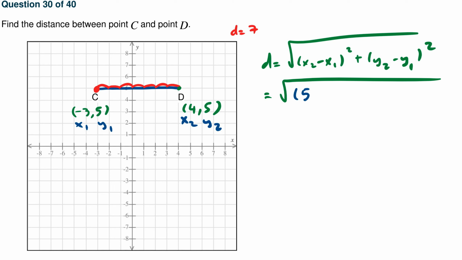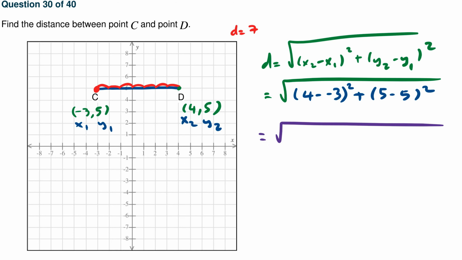I'm sorry, I plugged in the wrong one. x2 is 4, minus -3, squared, plus y2 is 5 minus 5, squared.